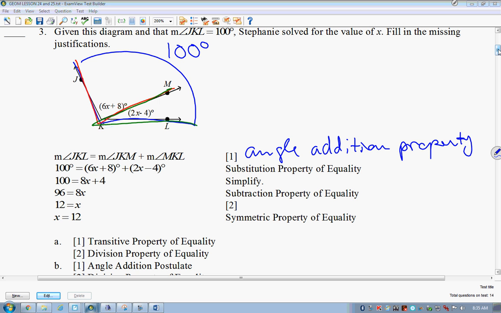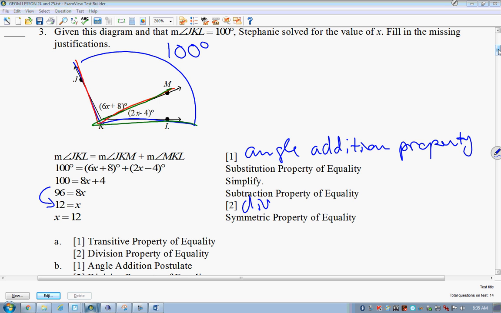Because I subtracted 4 on both sides, it's the subtraction property of equality. Are we following the proof as it's shown? Okay. So from 8x equals 96 to 12 equals x, what did I do from this step to that step? Divide. All right. How do I state that as a property?